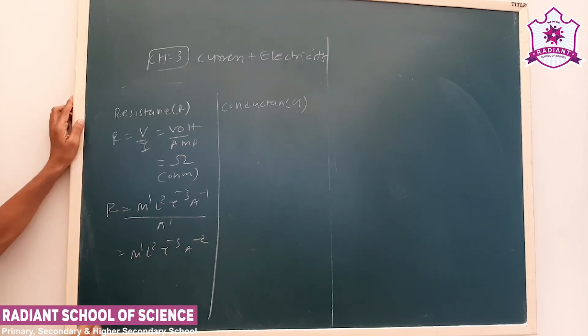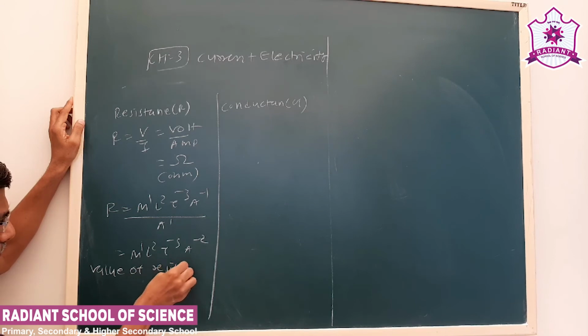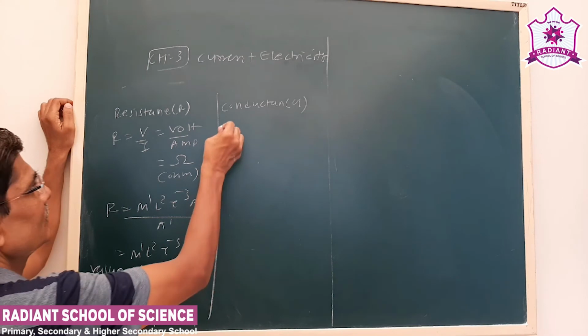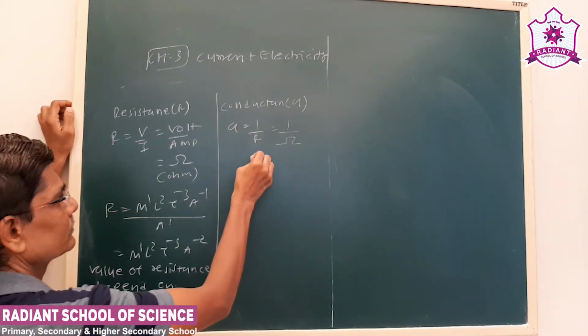Now see, the value of resistance depends on dimension, that is length and area. Now second is conductance, G is 1 by R, so the unit will be 1 upon ohm.